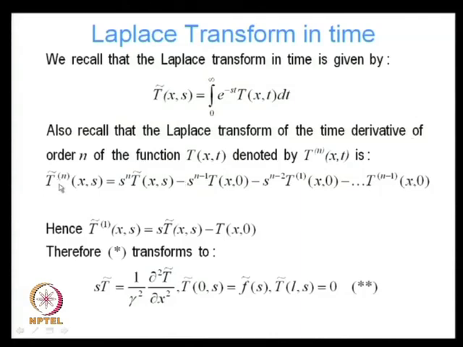So, the Laplace transform of the nth derivative of T can be written as a polynomial in s, and it also involves the Laplace transform of my original function, T tilde x s, and these quantities T x 0, T^1 x 0, T^(n-1) x 0, and so on.